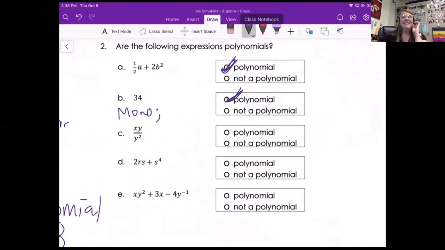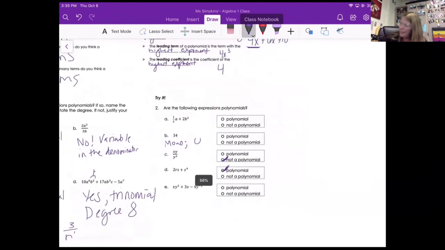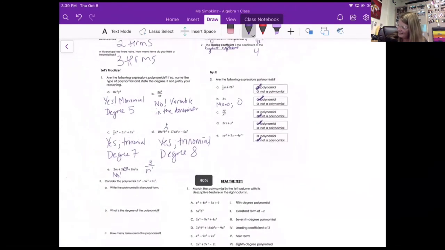You're killing it. 0. How did you know that? Because there's no exponent. Ding, ding, ding. Well, specifically, there's no variable, so there's no variable with no exponent. C, polynomial or not? No. D, yes. E, no.